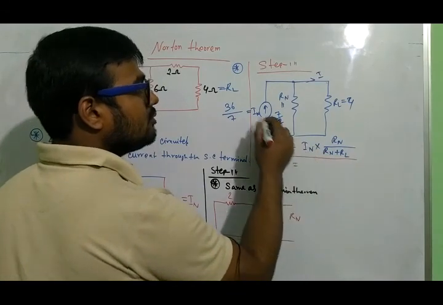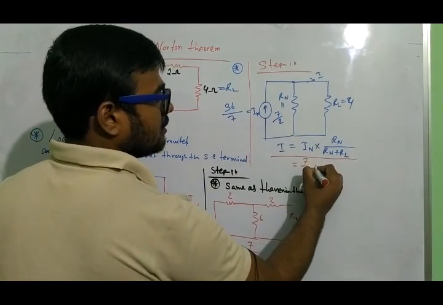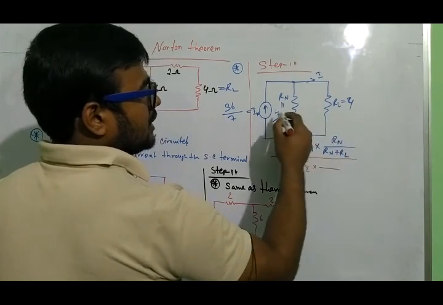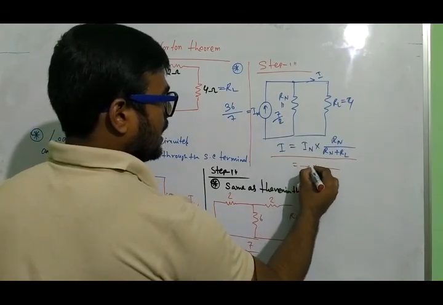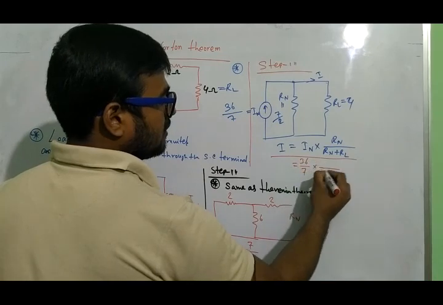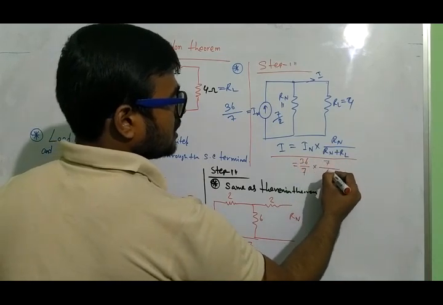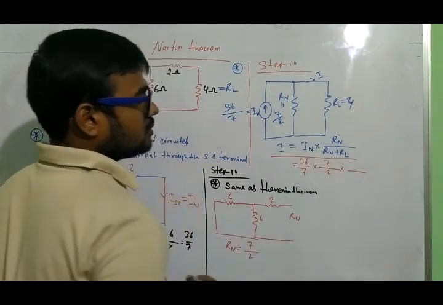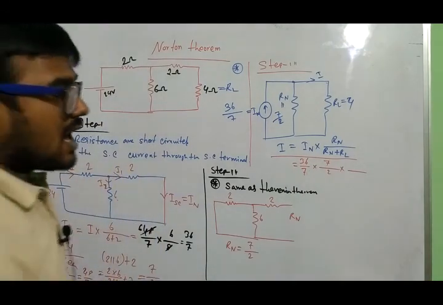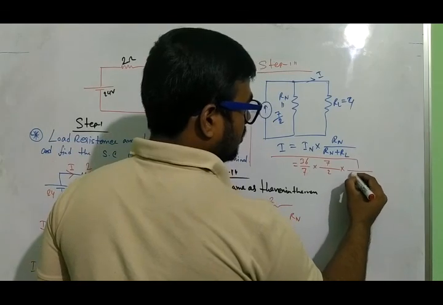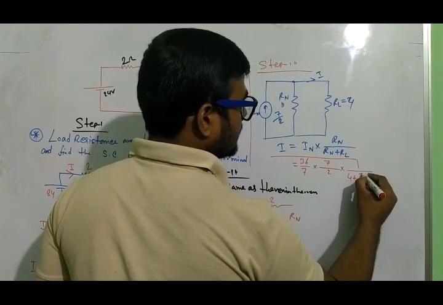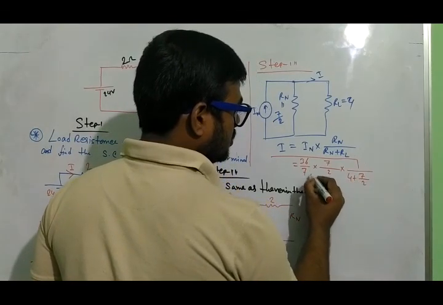Now I put in the value of IN, which is 36 by 7, into Rn, which is 7 by 2, over Rn plus RL, which is 4 plus 7 by 2.